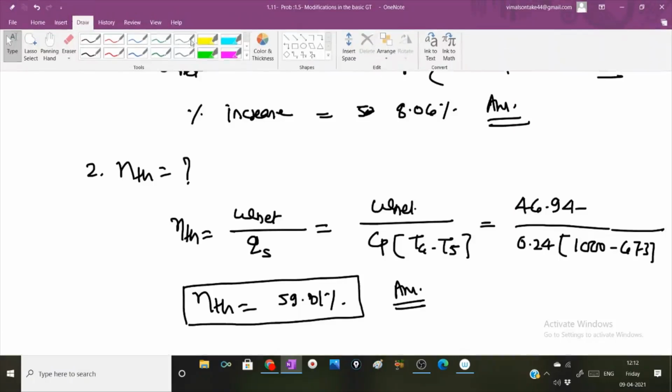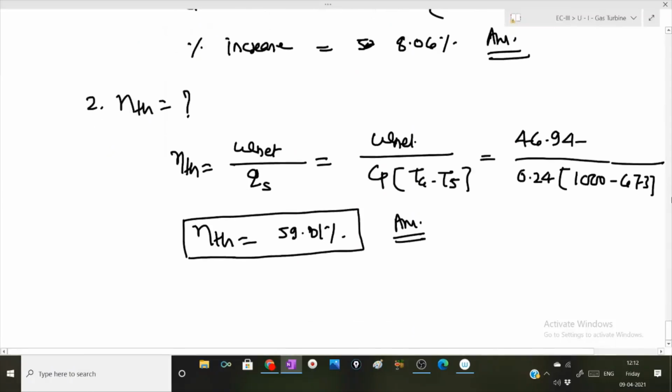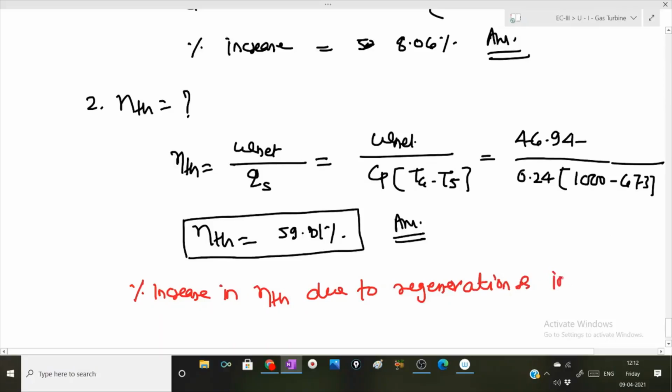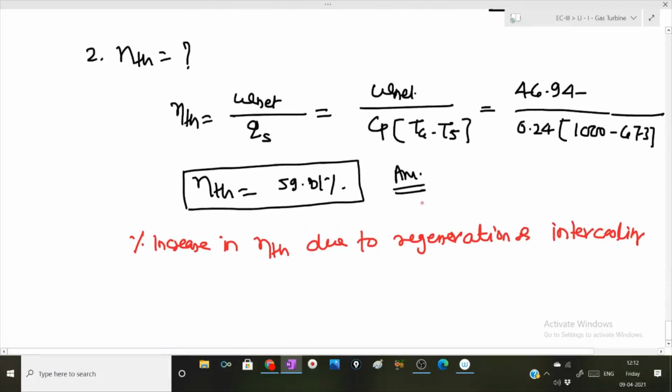So percentage increase in thermal efficiency due to regeneration and intercooling will be (59.81 minus 32.67) over 32.67 into 100.